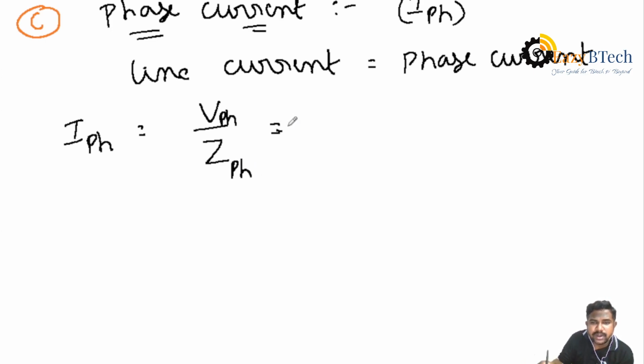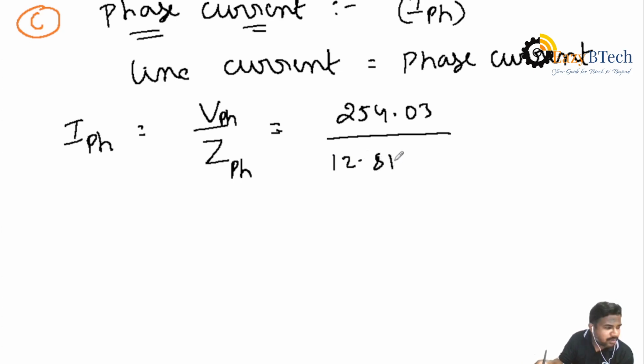Then the value of phase voltage we calculated in the first bit A is 254.03. What is the ZPH value? That is 12.81 at an angle 51.34 degrees.